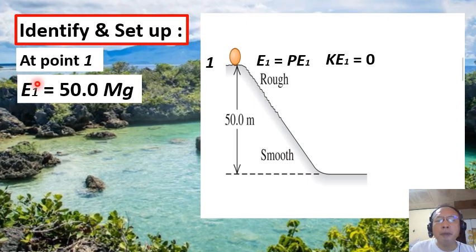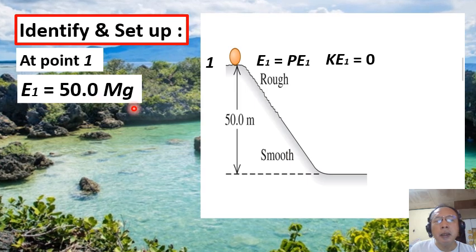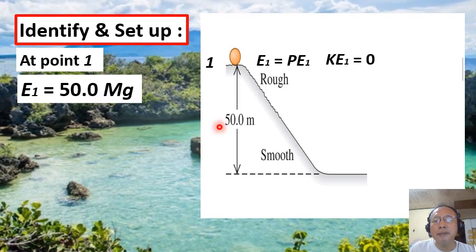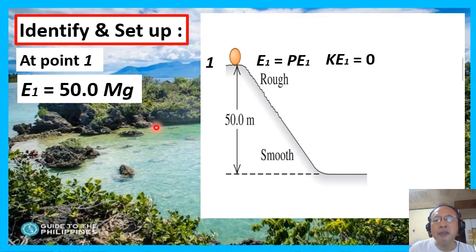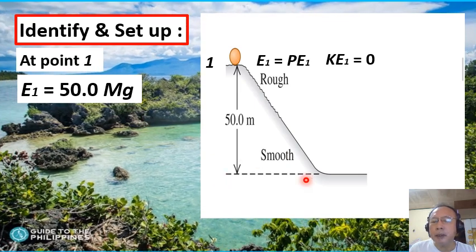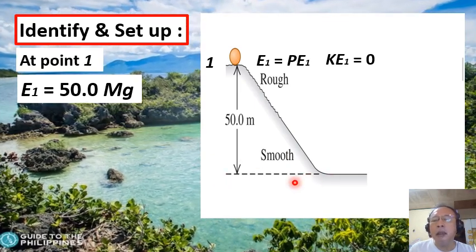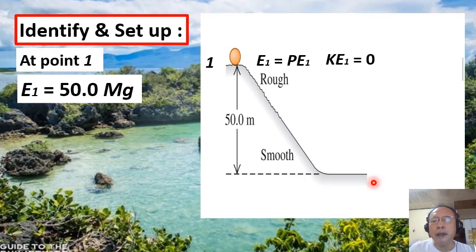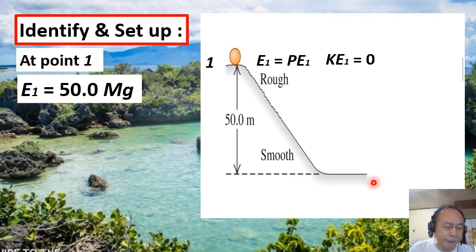Right? 50.0 meters is the initial displacement of the boulder with respect to the bottom of the hill, which we use as our reference level.